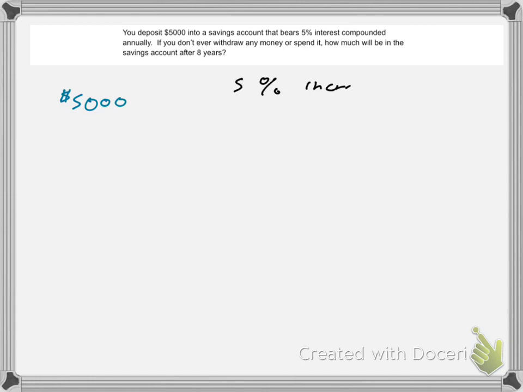That's going to mean that my multiplier is 1.05, which is my common ratio. Okay, that's just some percent increase review.